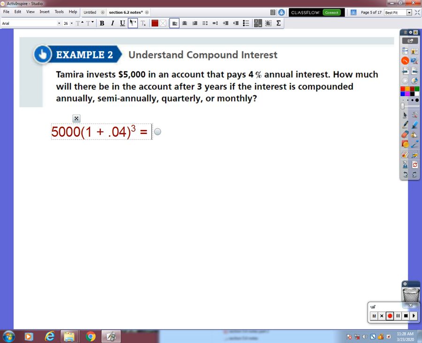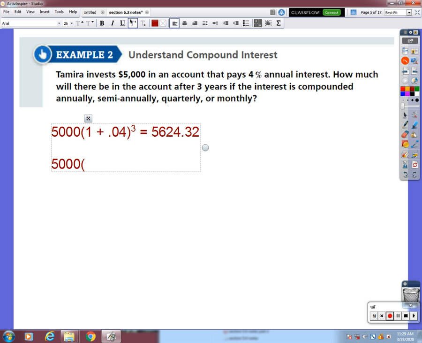So if I do that on my calculator, 5,000 times 1.04 to the 3rd power, Tamira will have $5,624.32.